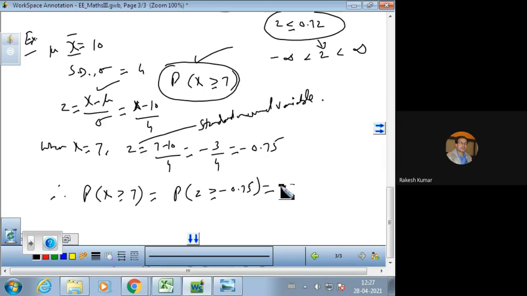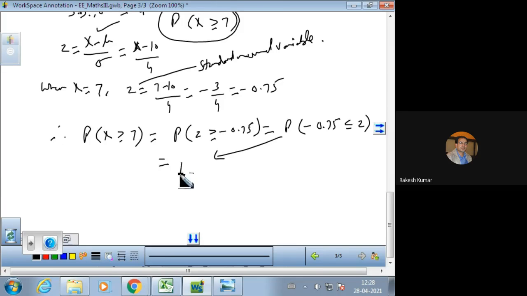So इसको हम इस तरह से भी लिख सकते हैं, probability negative 0.75 less than or equal to z, and furthermore इसको हम लोग ऐसे भी लिख सकते हैं, probability negative 0.75 to, अब negative lower limit है, upper limit you know that this is always plus infinity, क्योंकि the area under the normal curve always lies between minus infinity to infinity.